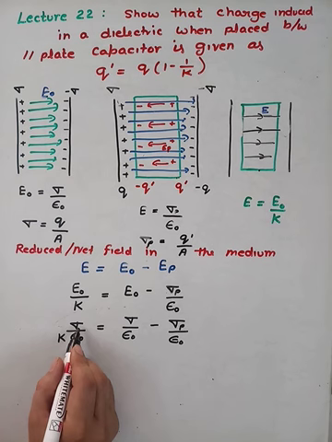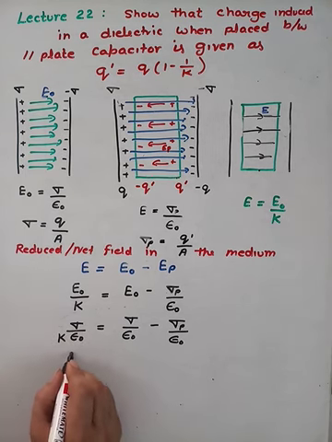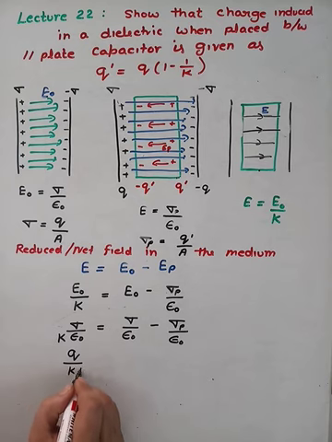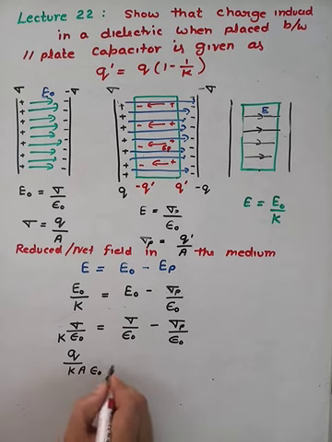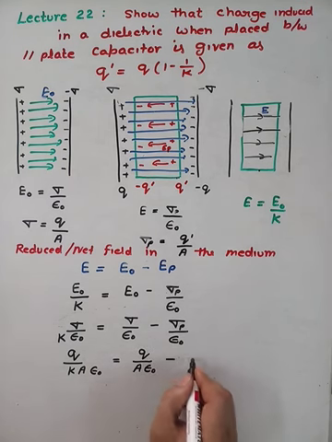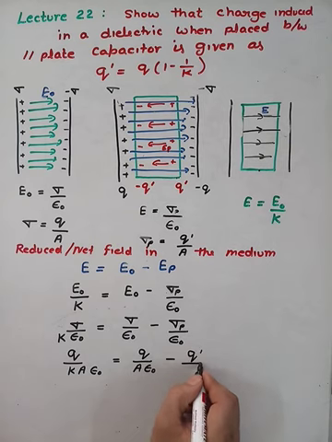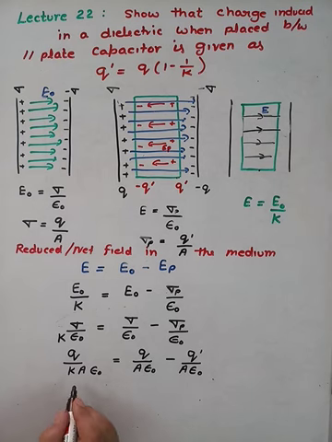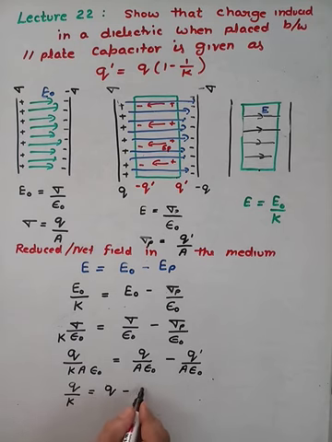We can write sigma as Q by A, so Q by K A epsilon naught equals Q by A epsilon naught minus Q dash by A epsilon naught, or Q by K is equal to Q minus Q dash.